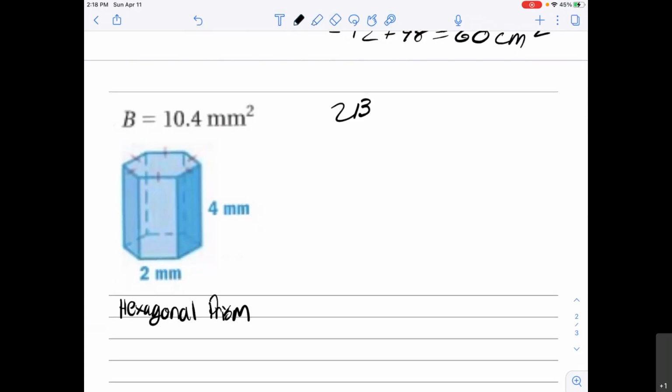The formula is 2 times the base plus the perimeter times the height. Well, let's look at this. The base in this case is a hexagon. But it also tells us that the area is 10.4. So we don't have to find that.